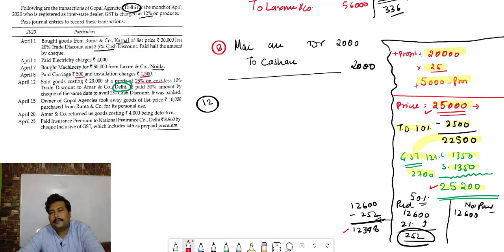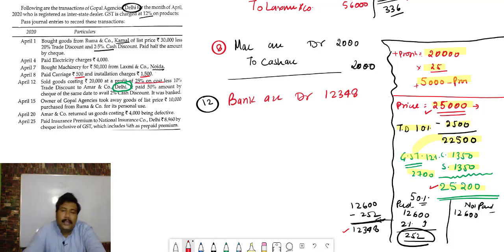So it will be like this. Bank account debit 12,348, and the amount we did not receive from Amar is a future receipt. Future receipt is our asset, so Amar and Company account debit 12,600.